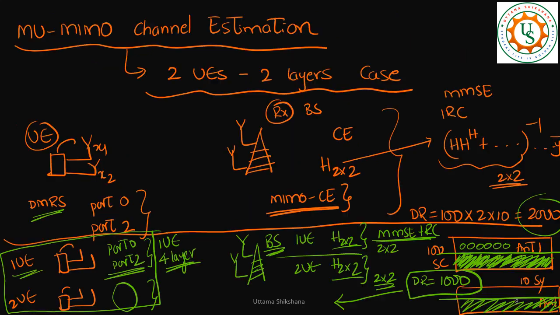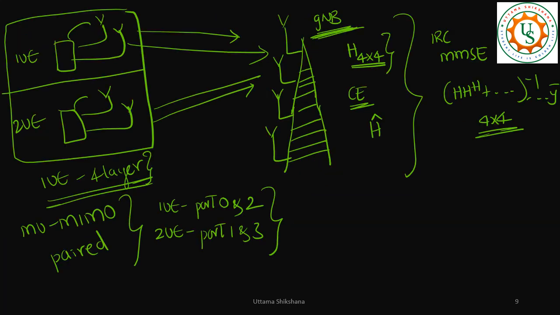In the earlier case we had two UVs, each with a 2 cross 2 matrix inversion, and channel estimations were different across different UVs. But in this case, we do MMSE IRC in one shot, which is a 4 cross 4 matrix inversion, and the channel estimation is also done in one shot, considering the combined channel effects of UV number 1 and UV number 2.